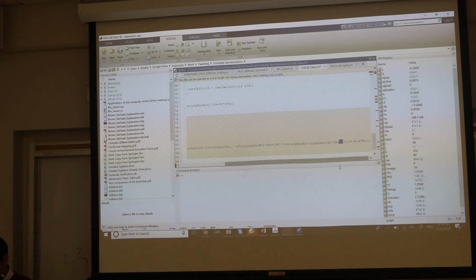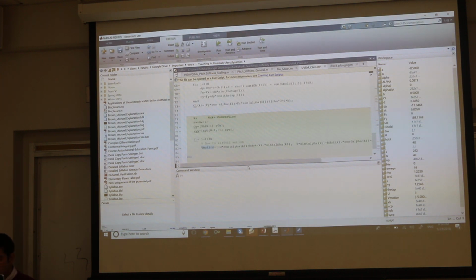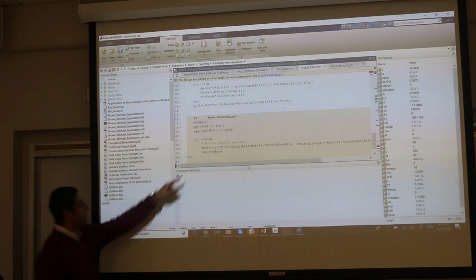I don't want the normal, there is no normal here. I just need the total velocity. So here is the total velocity, and I will call this new xy wake. So this is the velocity of the airfoil.